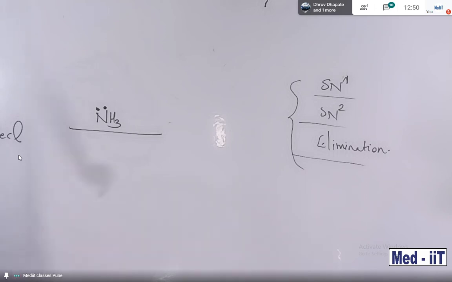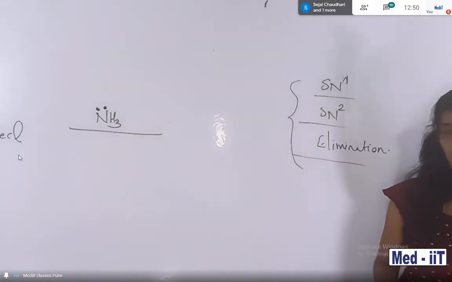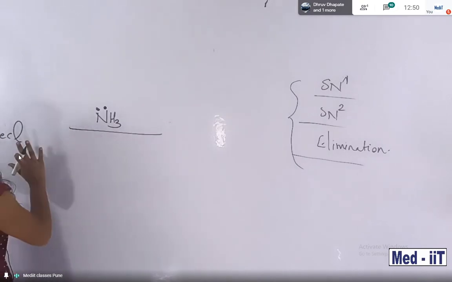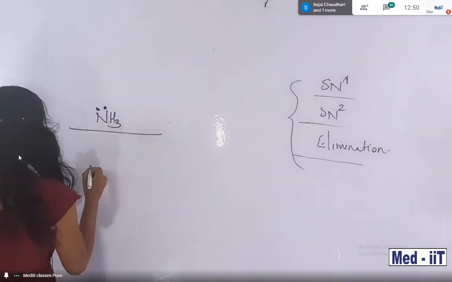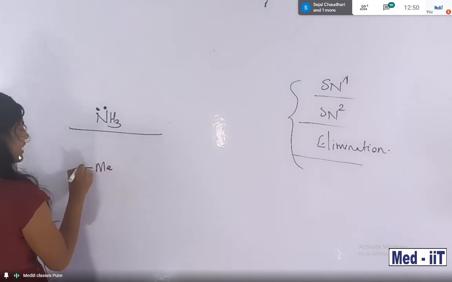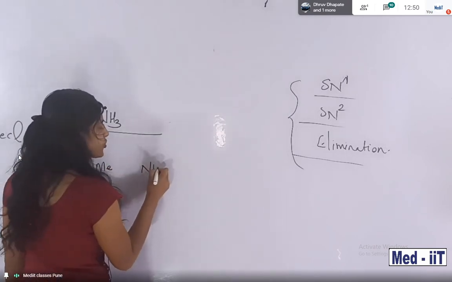I will help you, because you need to think a little bit about that. Look, students, during the bond formation, it will be the ammonia. You already know that MECl is here, and the ammonia molecule is also here.